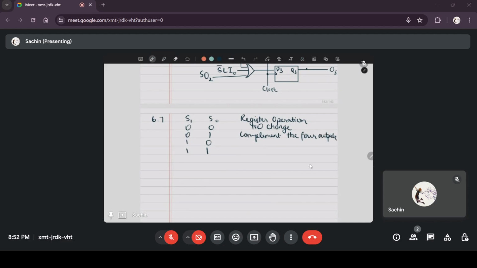When S1 S0 is 1 0, clear register to 0 synchronous with the clock, and when S1 S0 is 1 1, load parallel data.